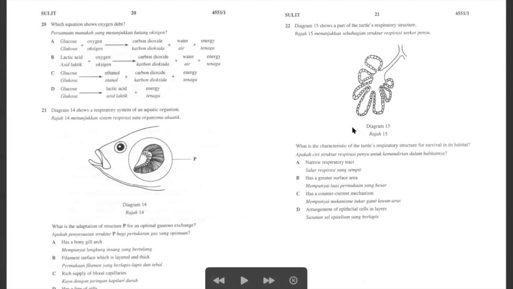Okay, number 20. Okay, which is question show oxygen debt? Okay, jawapan dia adalah D. Glucose will produce lactic acid and energy. Okay, how can you sure about this? Okay, oxygen debt ni maksudnya is a situation where it will produce energy without using oxygen.